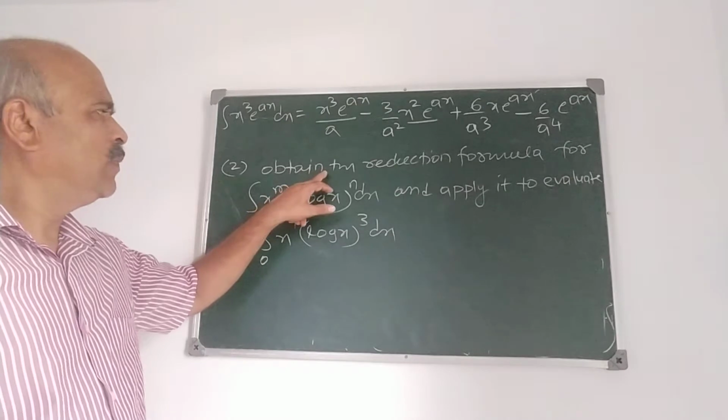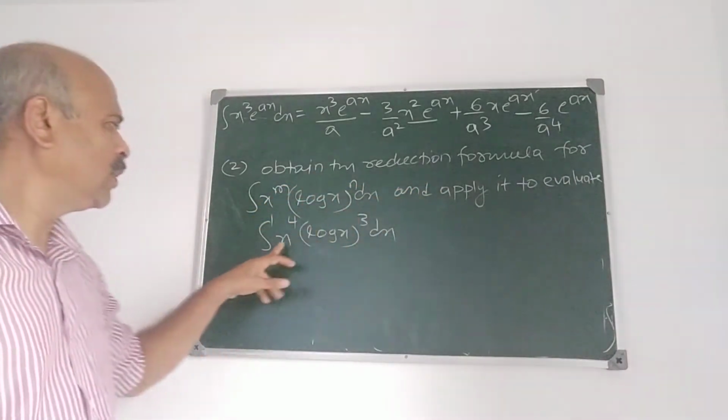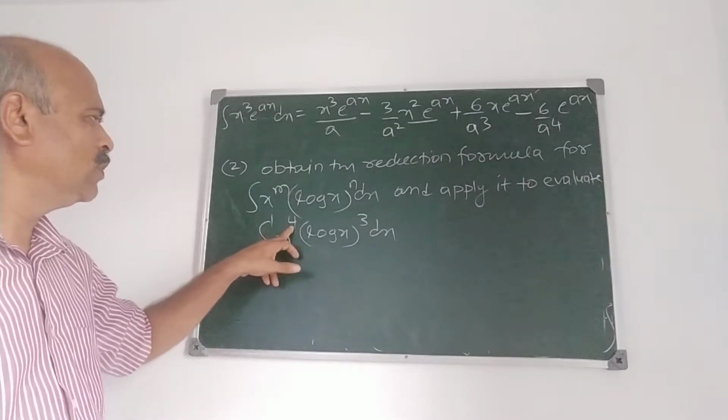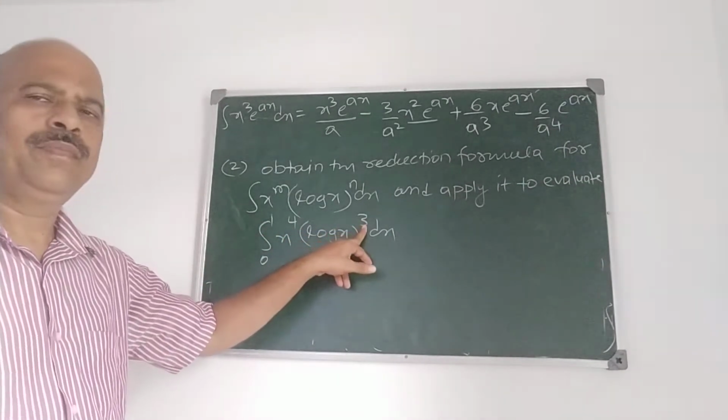The problem is, first part is obtain the reduction formula, then use that formula to evaluate 0 to 1 x raised to 4 log x cube. So m is 4, n is 3.